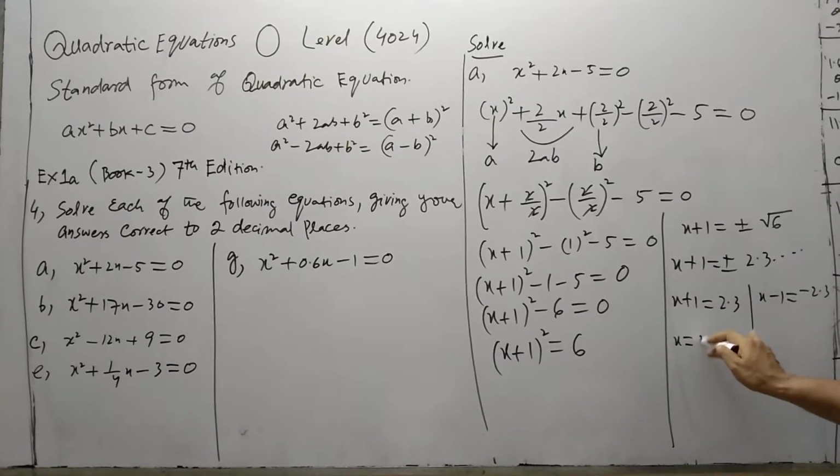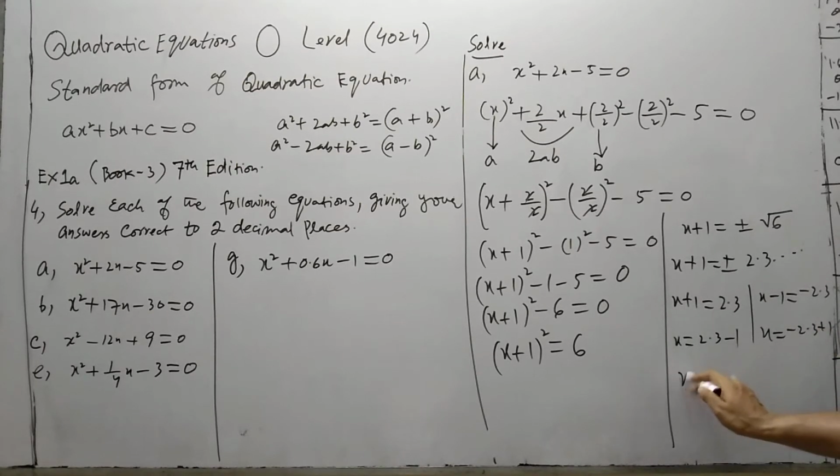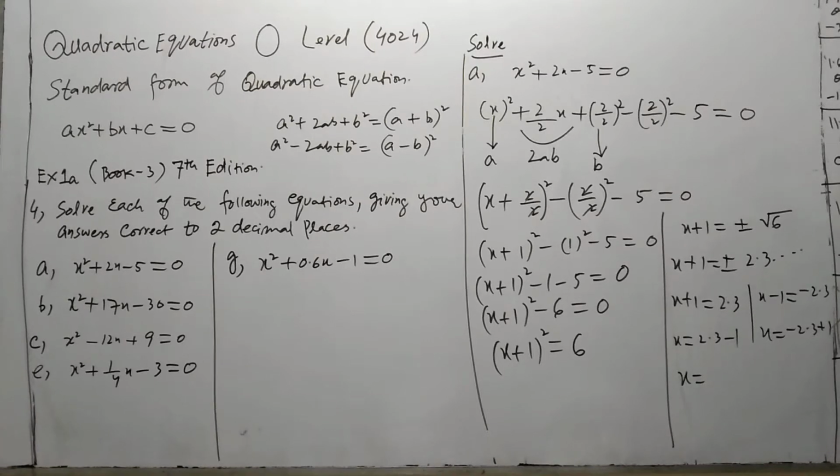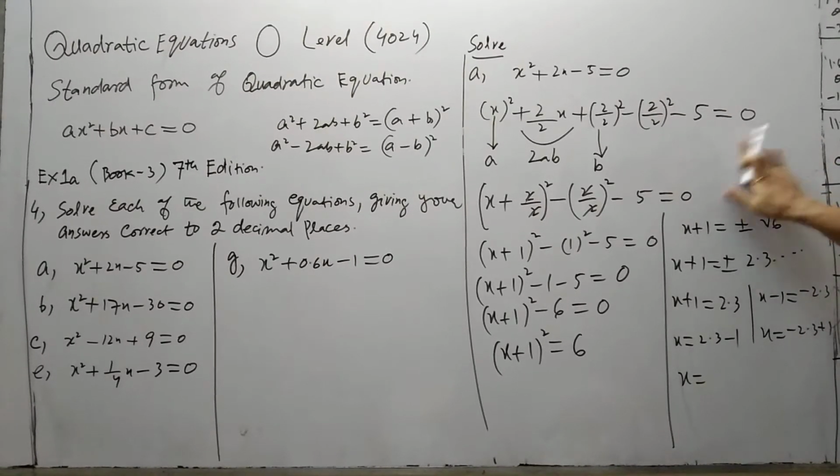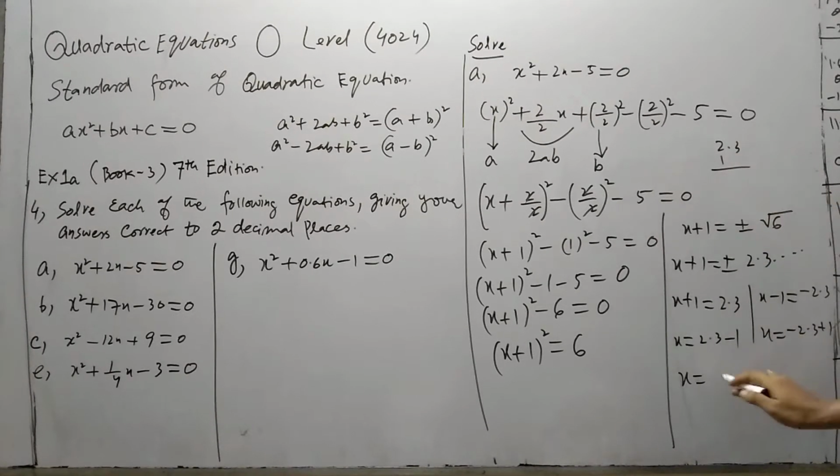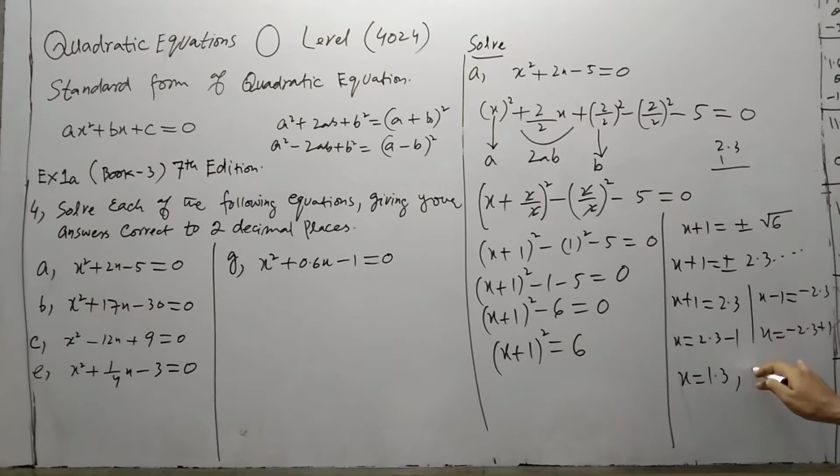So x is equal to 2.3 minus 1, x is equal to minus 2.3 minus 1. 2.3 minus 1 is 1.3.